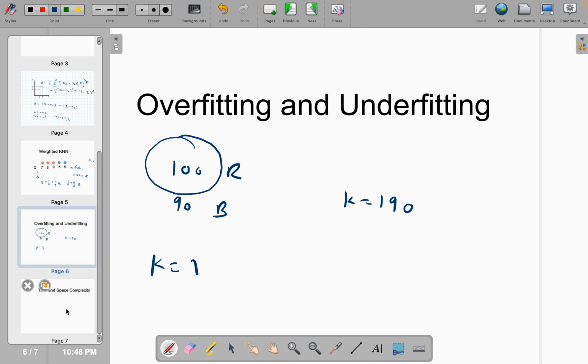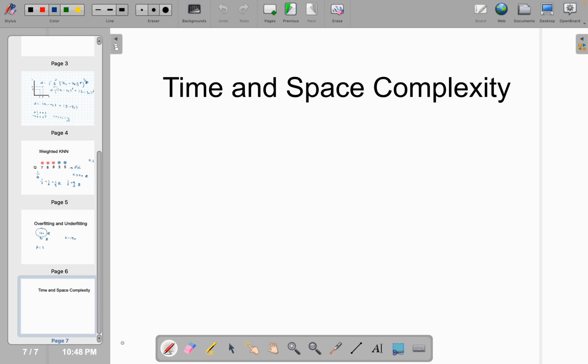Okay, so now let's understand the time complexity and space complexity of KNN. The time complexity will be order of n star d, right? Here d is the number of features we have, and n is the number of data points we have.